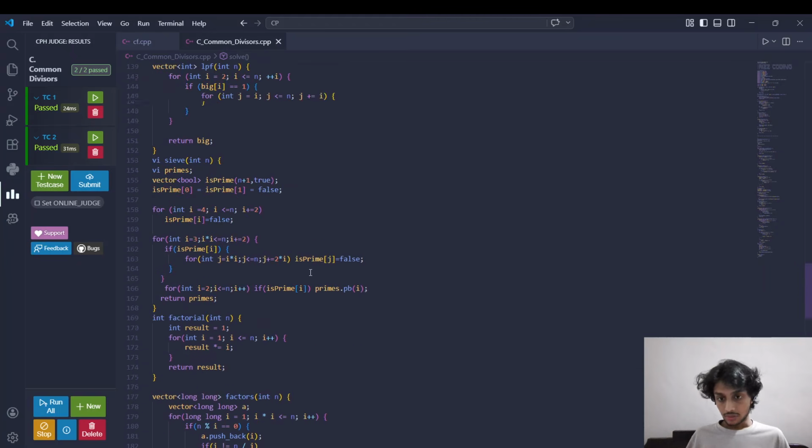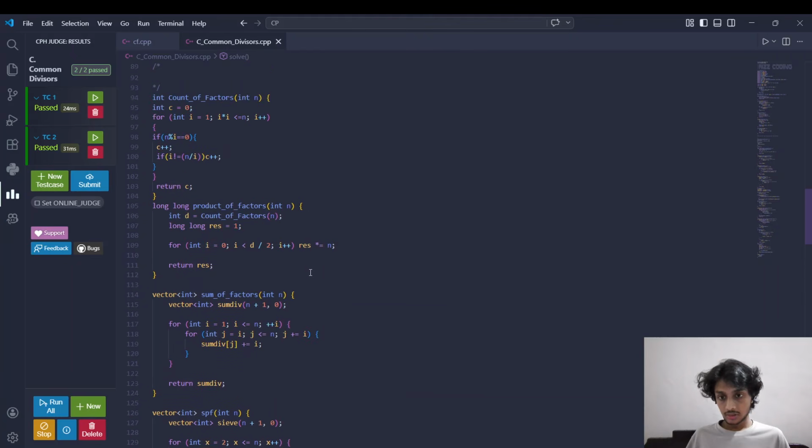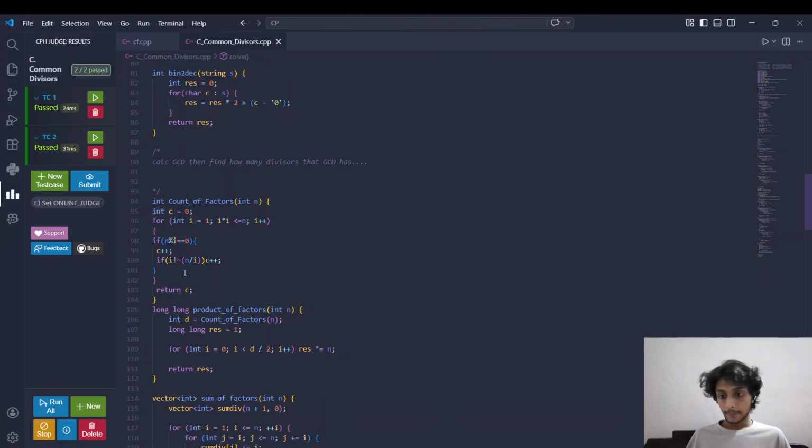Let me show you the count of factors function. Let me explain quickly what I am doing. The time complexity is O of square root of n.